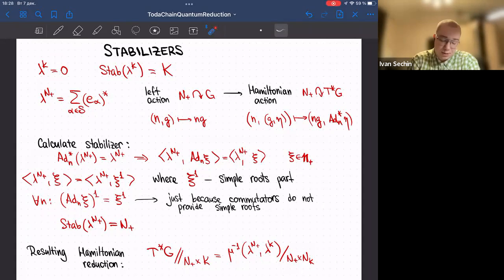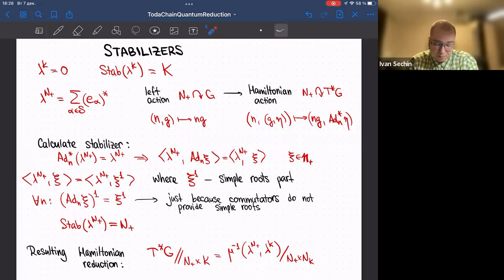Let's consider the left action. And we described it in this way. And to lift it to a Hamiltonian action, we should act on our component in G star by the coadjoint action.